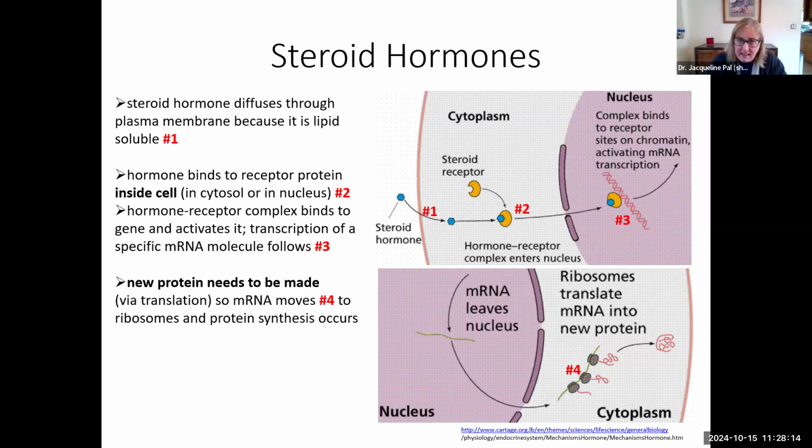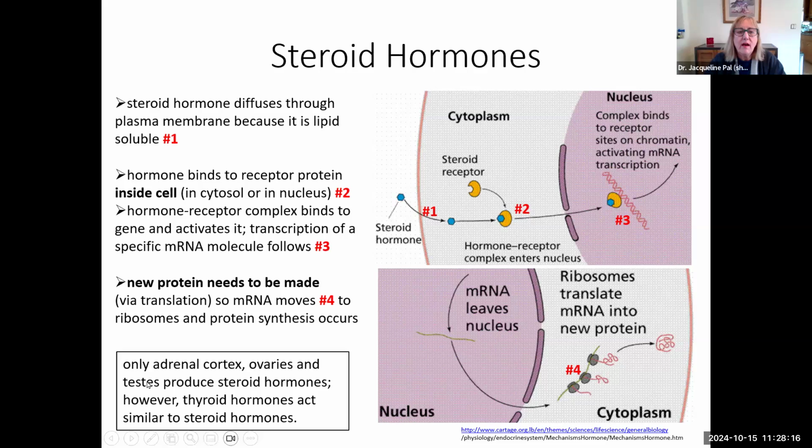So, what are our steroid hormones? Well, only our ovaries and our testes, as well as our adrenal cortex, are going to produce steroid hormones. So, you got a pretty good idea. All of our sex hormones are going to be steroid hormones, but we got a couple other ones in there as well that you may or may not know about, like cortisol, you may already know about, but then there's another one you probably don't know about.